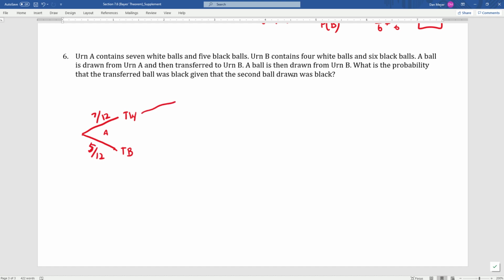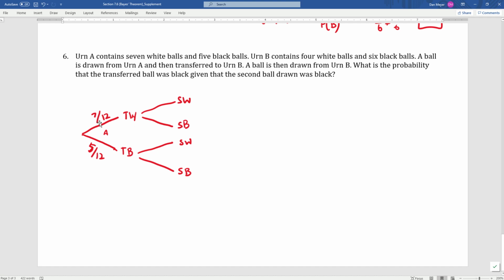And then we're going to put that ball in urn B. Whatever ball we pull out of A, we're going to put in urn B. And from urn B, we're either going to pull a white ball or a black ball. Here the second ball is white and here the second is black. Now, if I transfer a white ball from A to B, now B has 5 white balls and 6 black balls.